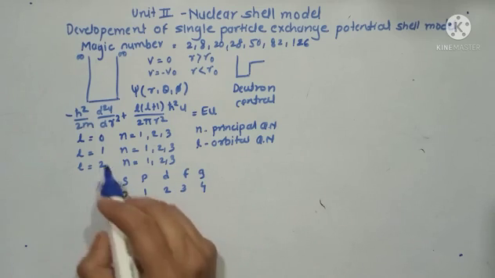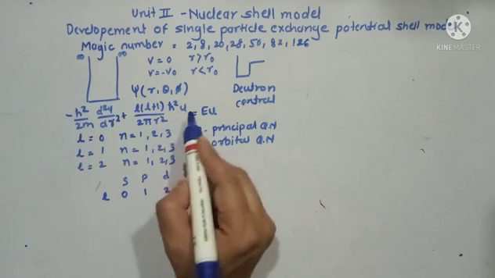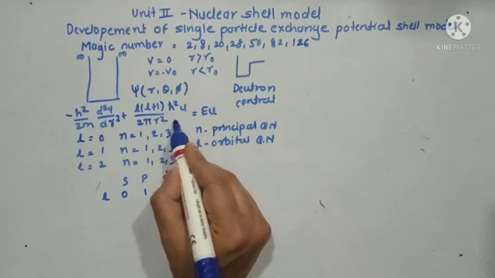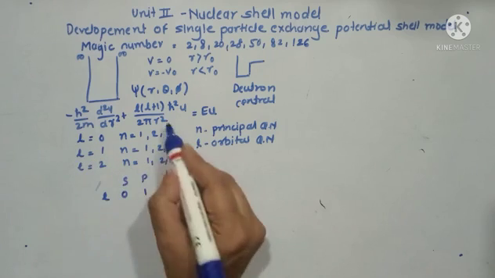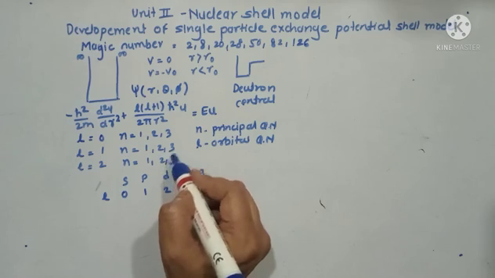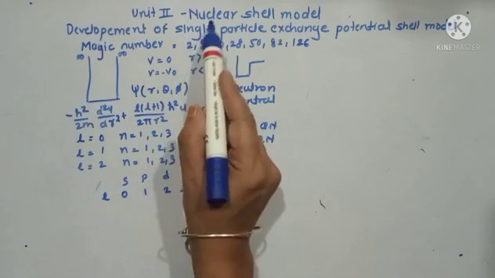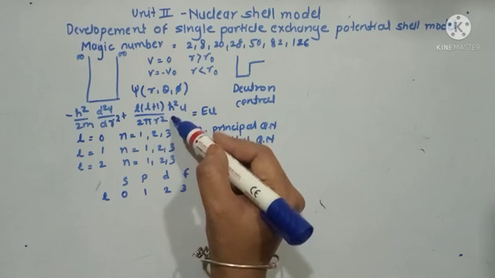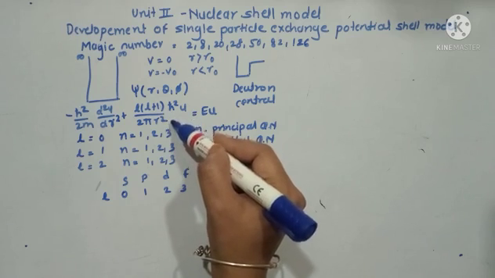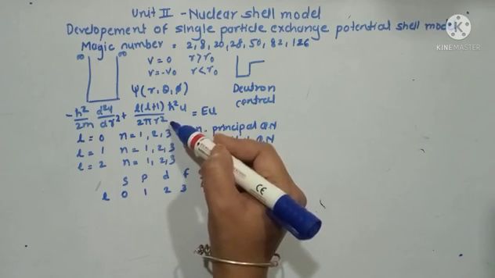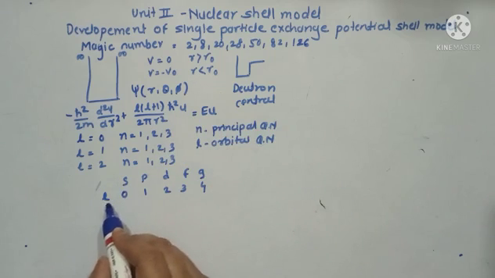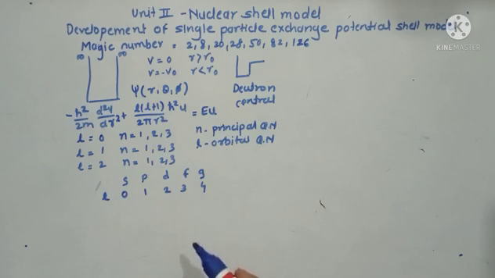Solving this Schrodinger time independent equation involves a lot of tedious mathematical calculations, and after that you get these values. I have written those directly, because we just want to see the development of the actual nuclear shell model we are using right now. The calculations are out of scope of this syllabus, so I am not going into the details. You just understand that this is the relation between the principal quantum number and orbital quantum number in nuclear and particle physics.